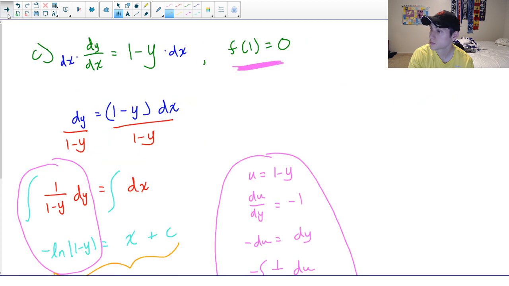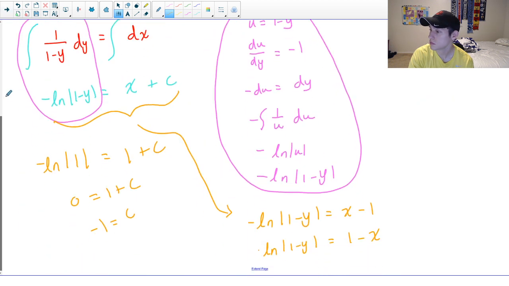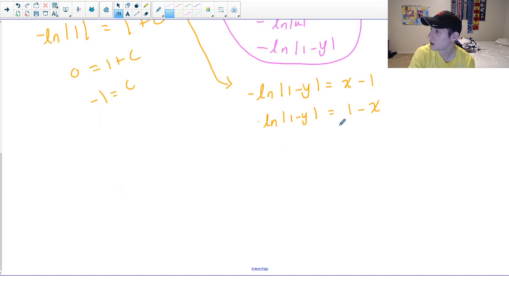Okay, so we're going to take everything to the e, so e to the power of 1 minus x. And then e to the natural log would just get rid of the natural log part, just leaving me with the 1 minus y.